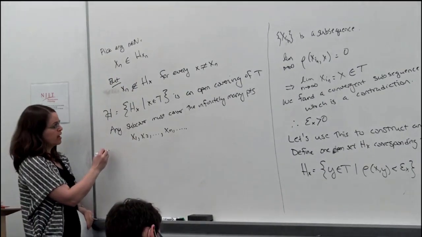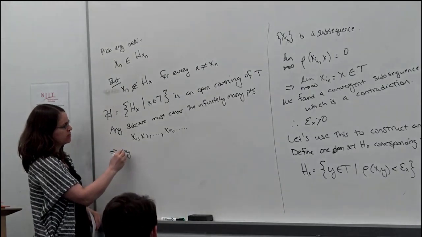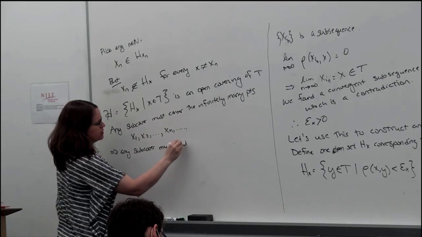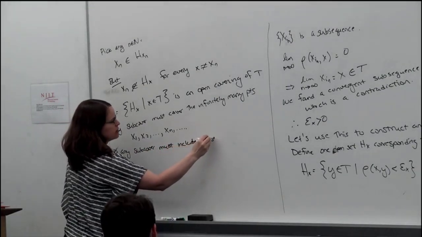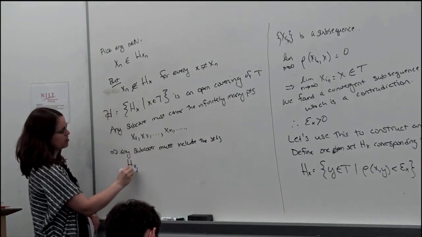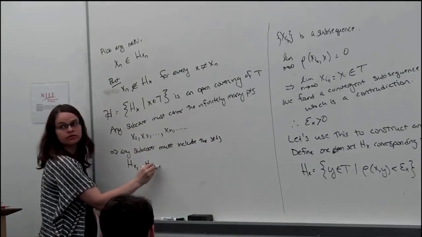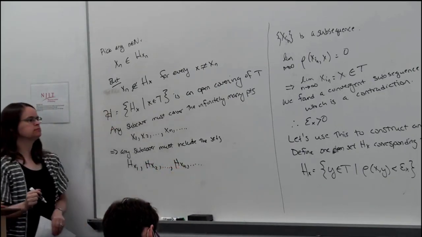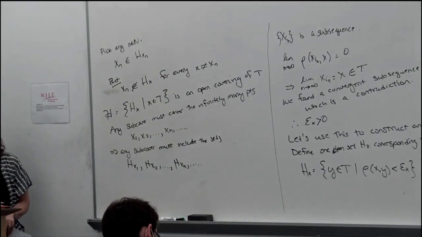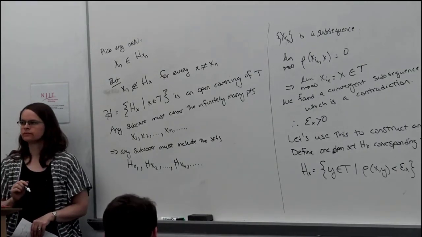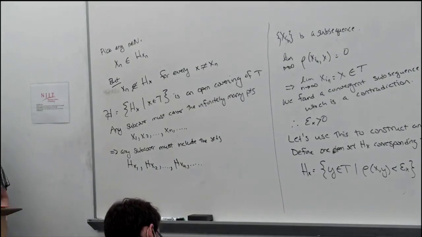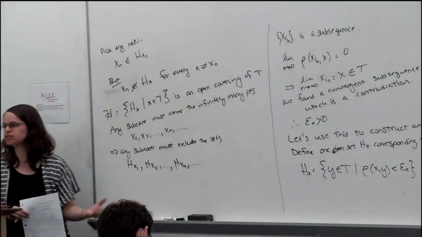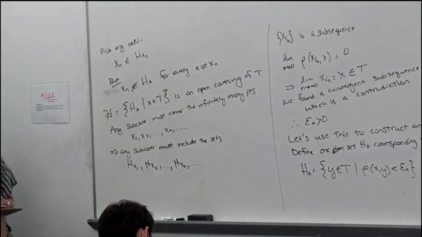So any subcover must include the open set I built around x1, the open set I built around x2, and so on. Well, there's infinitely many of these. We said there's infinitely many different points in our sequence, so there's infinitely many of these, right? There may be a little bit of repetition, but there's not too much repetition.